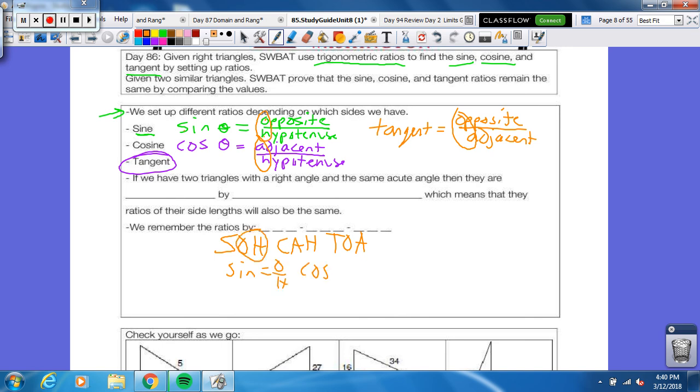What's cosine? Oh, right here, adjacent over hypotenuse. What's tangent? Oh, hey, that's opposite over adjacent. Cool. So that's how I remember it's Sohcahtoa. That's how I remember all these trigonometric ratios. You can remember that for a while.